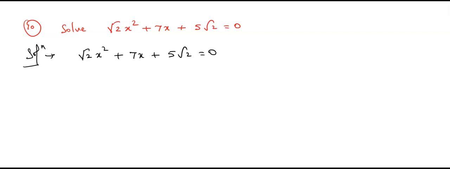Factorization is nothing but splitting the middle term. So here √2 x² + 7x can be written as 5x + 2x. 5x + 2x is 7x. Is this clear? Good.